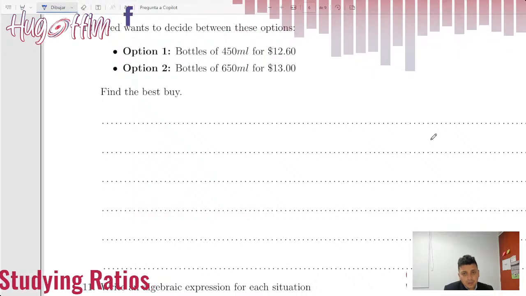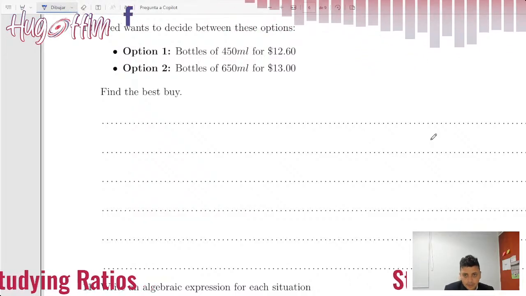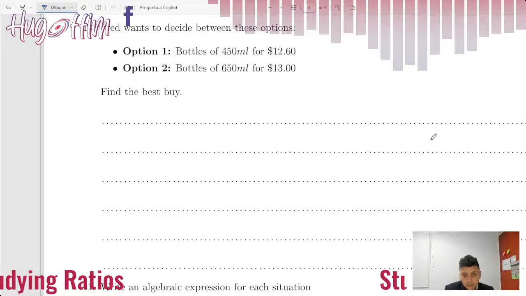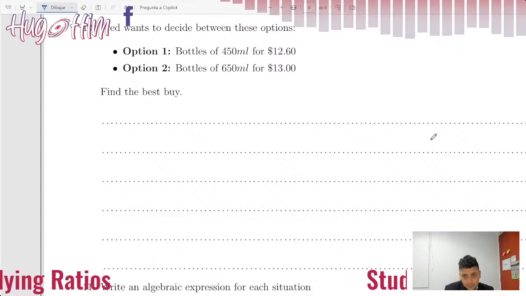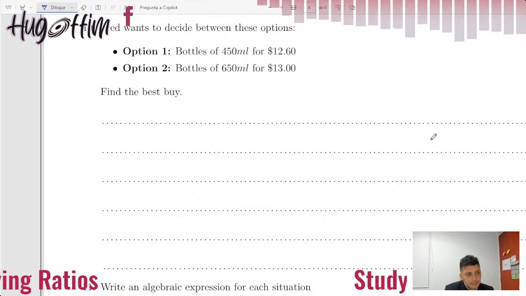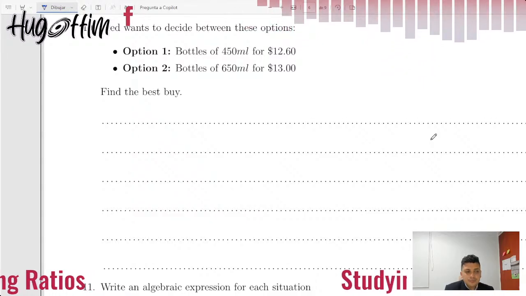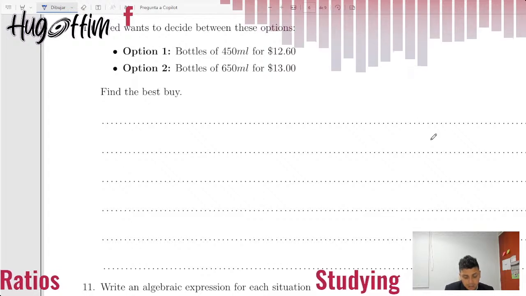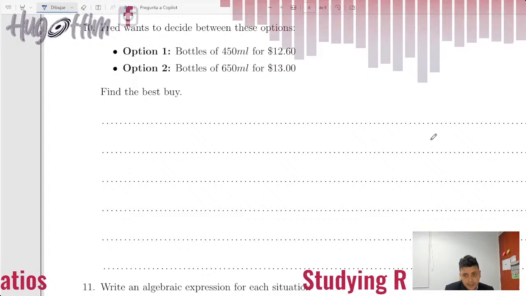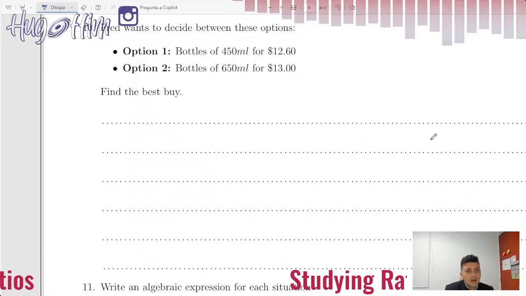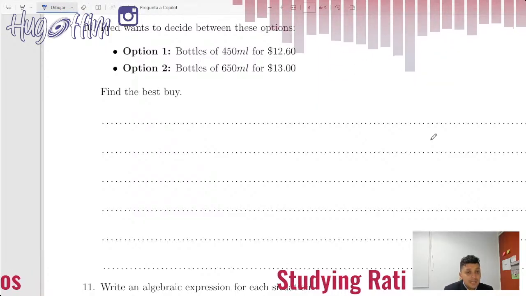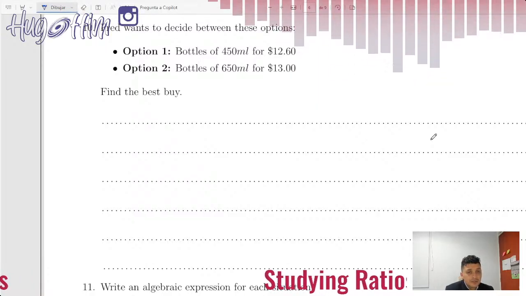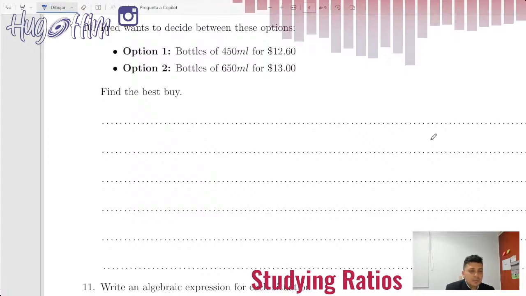So your goal here is to calculate the unit rate. We're going to get how much it costs the use of 1 milliliter of each one. Now there are many options to do it.